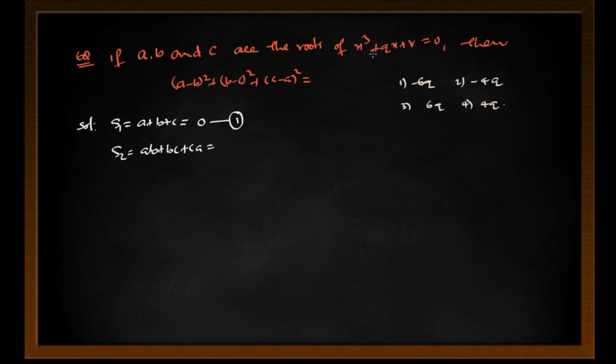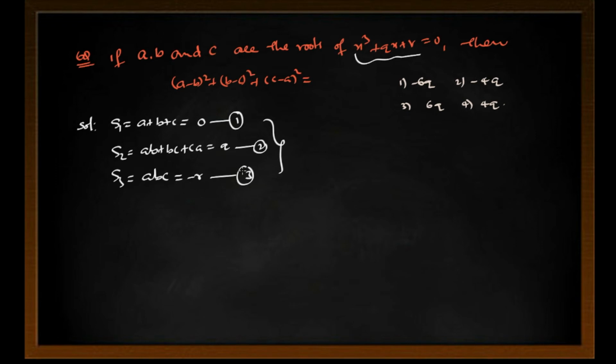So c by a means Q, equation 2. Now S3 means product of the roots, that is a into b into c, that is minus d by a, so minus R. So these are the given three conditions, S1, S2, S3. From the given cubic equation, sum of the roots, sum of the products of the roots, and product of the roots: a plus b plus c is 0, ab plus bc plus ca is Q, abc is minus R.